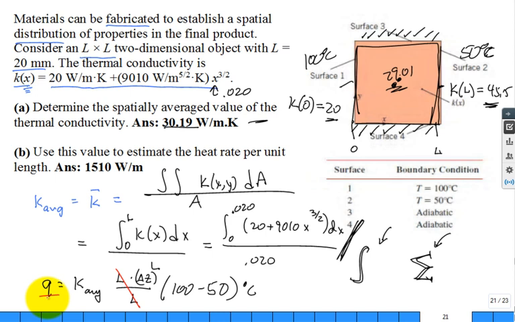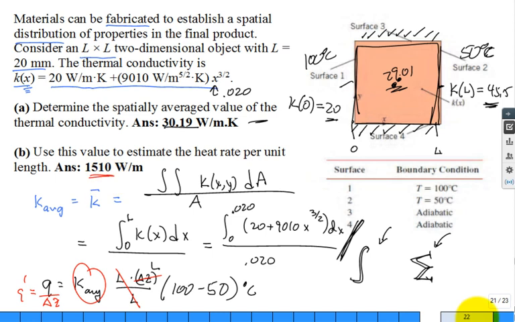I bring this delta Z over, and I get Q prime. And you just use that K average times 50, there you go. 1510 watts per meter. Does that look good? Done? That was pretty simple.